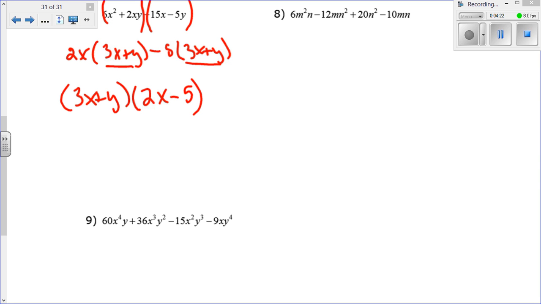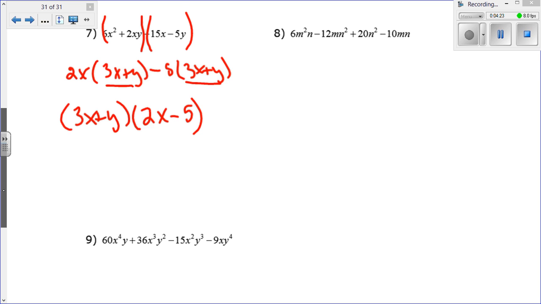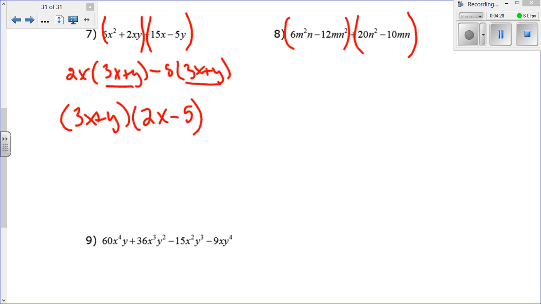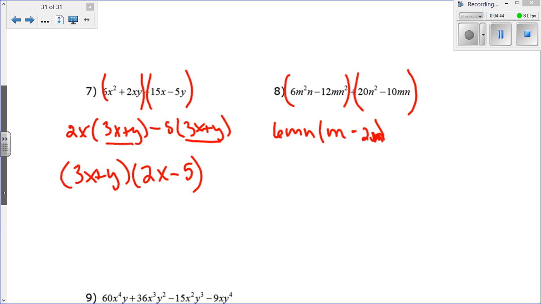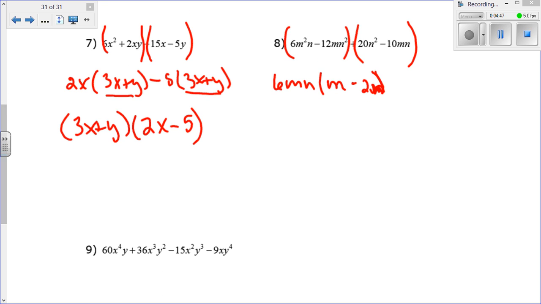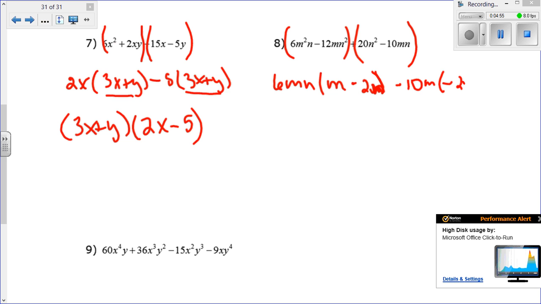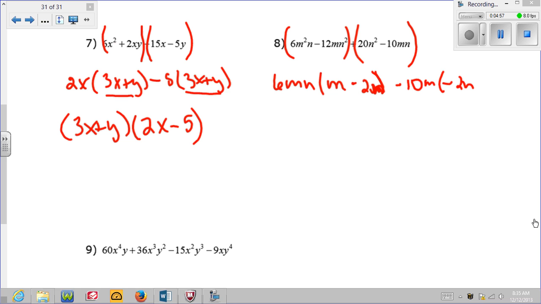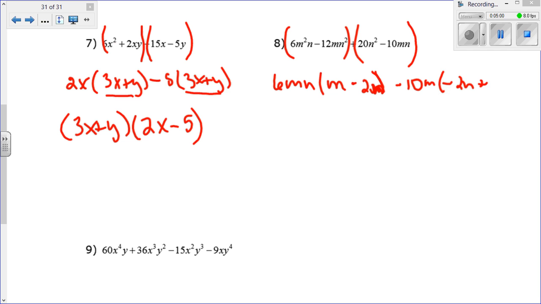For number 8, I do the same thing. Group and group. My GCF there is 6mn, and I'm left with m minus 2n. My GCF here is negative 10m, and I'm left with negative 2n plus m.